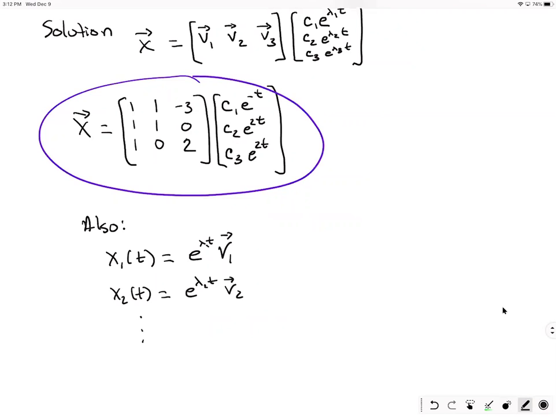So that would be the other way to do it. So this would be xn of t equals e to the lambda n t times vn.